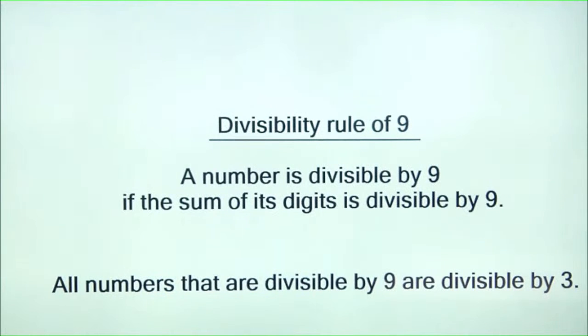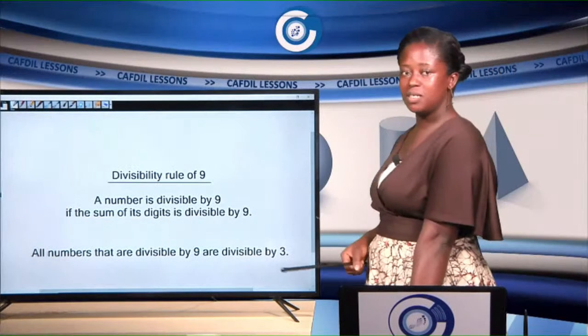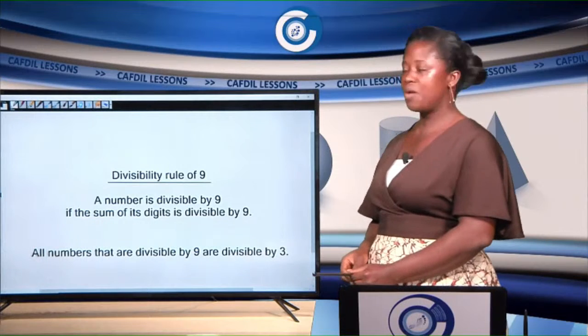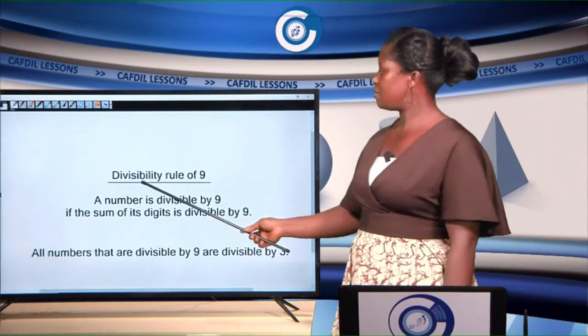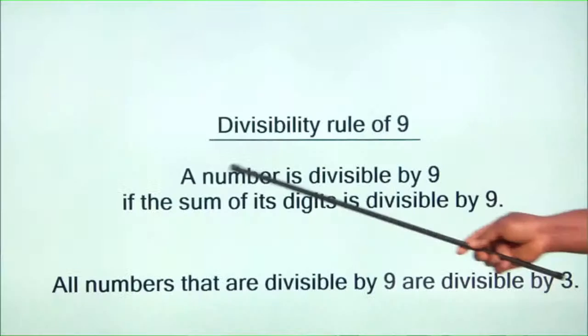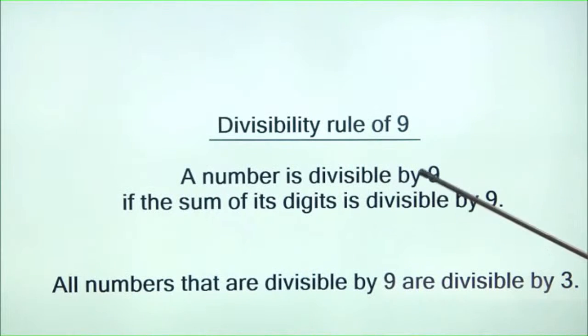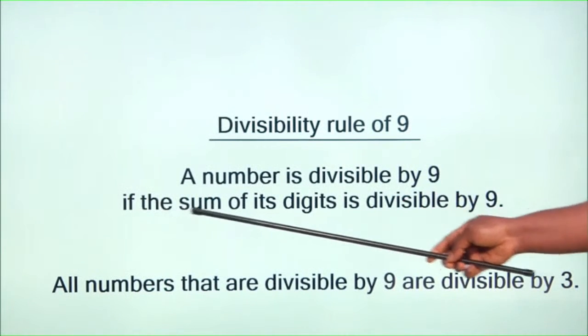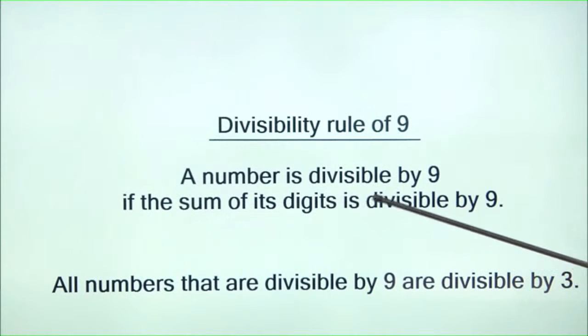That is the rule, which is going to help us to determine numbers that are divisible by 9. I want you to take notes. Divisibility rule of 9: a number is divisible by 9 if the sum of its digits is divisible by 9.